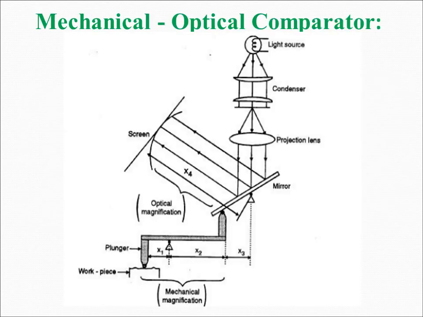This is one figure which I have shown here for the mechanical optical comparator. Here is the arrangement shown for the mechanical optical comparator. It consists of a light source, condenser lenses, a projection lens, and a plain glass reflector which is called a mirror here.